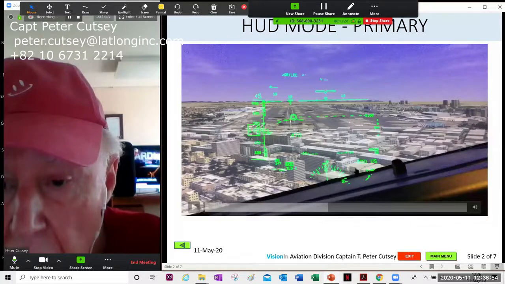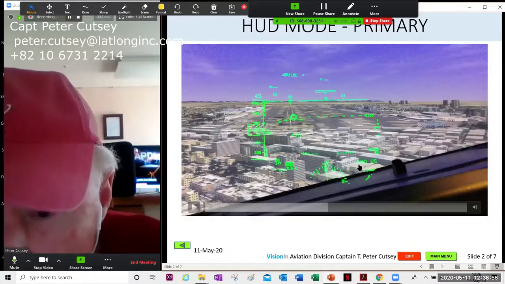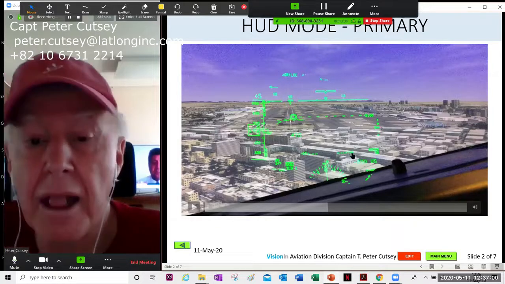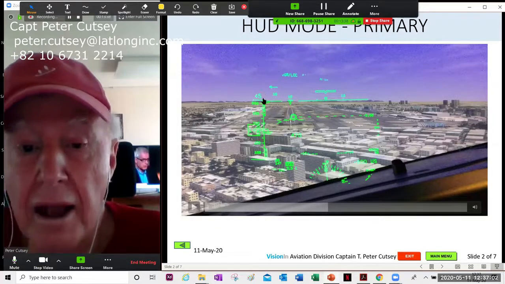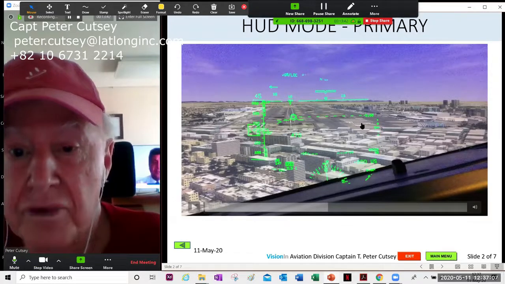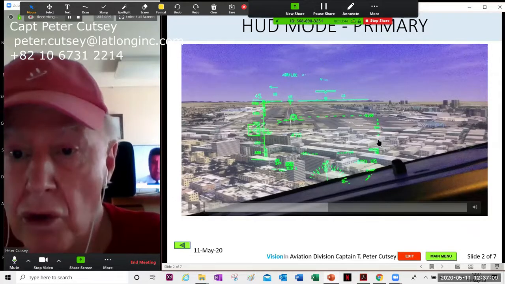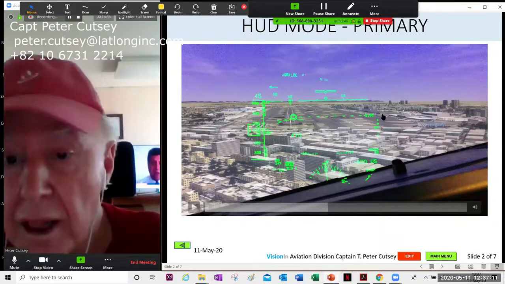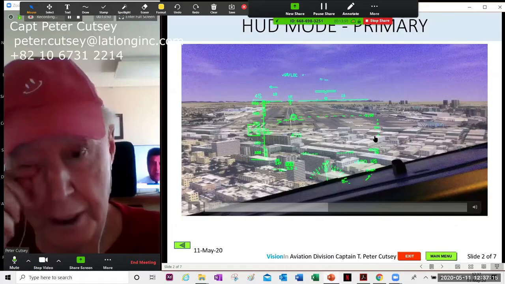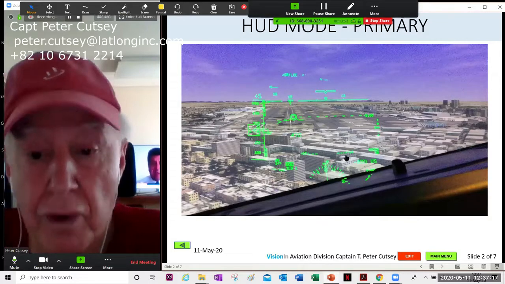And it looks like close to 890 feet per minute. On the left-hand side is your airspeed tape, the way you see it on a PFD. And later on, when we can see the whole picture in another video, you'll see your altitude tape on the right-hand side. Maybe we'll see it in this video as we progress.